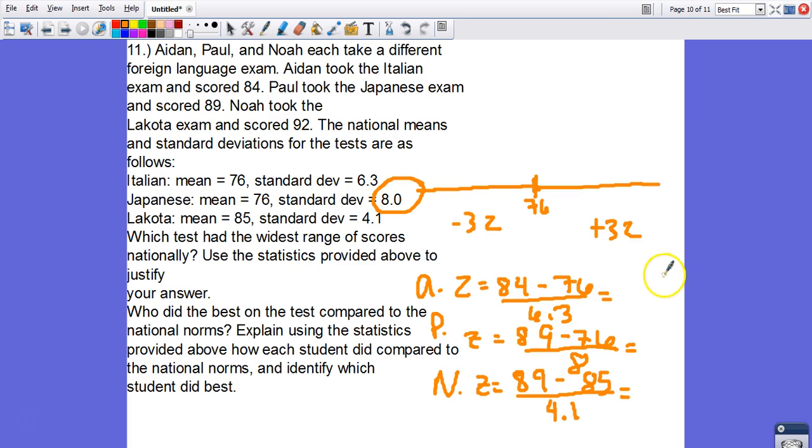So the largest number here, their standard score, is going to be the person who did the best compared to those. Explain, using the statistics provided above, how each student compared to the national standard, and identify why the student did the best. So kind of the stuff I talked about, you just need to explain it a little bit and type these numbers into the calculator to get the standard scores. Again, let me know if you have a question about this.